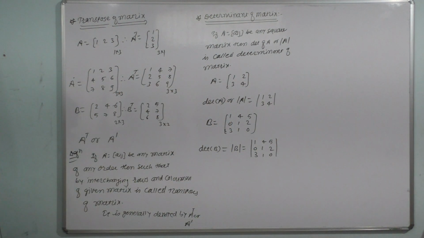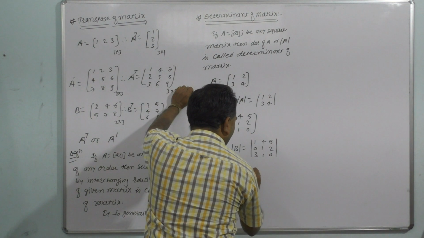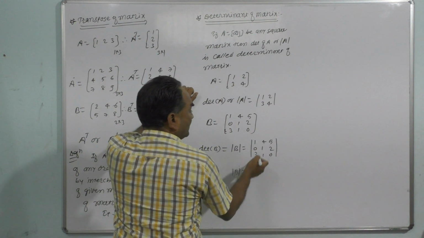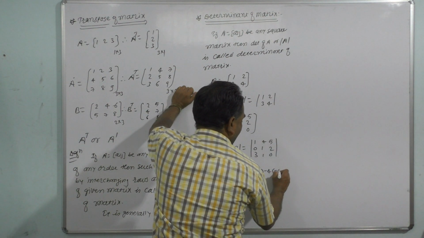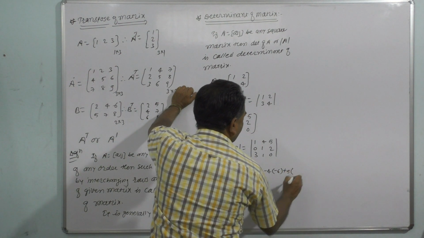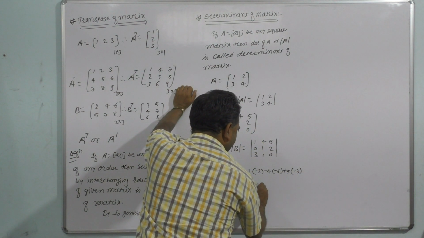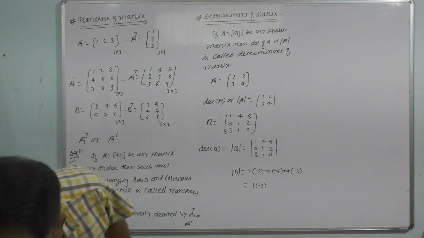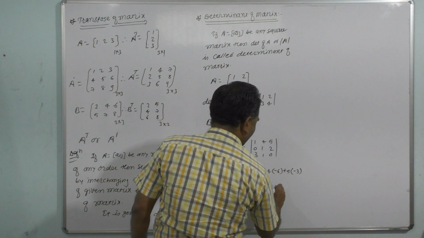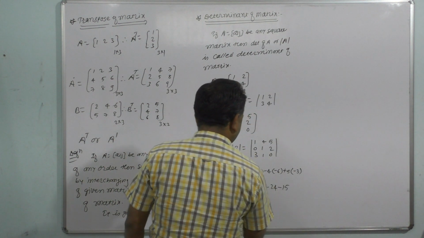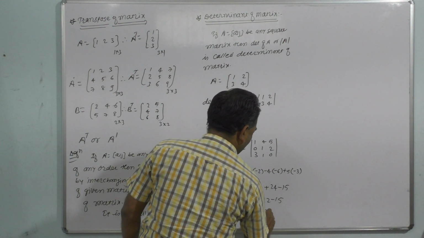Okay, this is called the determinant of matrix, and the value of determinant of B is equal to 1 into (0 minus 2) minus 4 into (0 minus 6) plus 5 into (0 minus 3). Then it is equal to 1 into minus 2 plus 24 minus 15, which is equal to 22 minus 15, equal to 7.